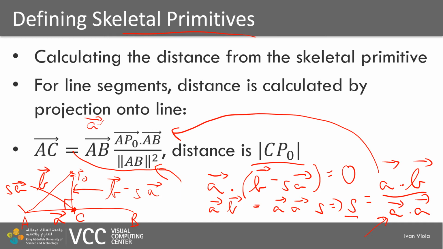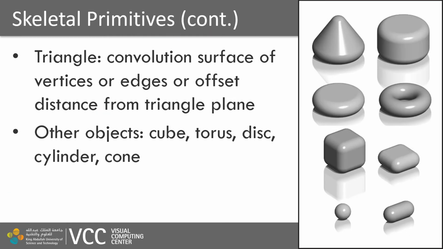And for other geometric elements, we can find the distance in a similar analytical way, oftentimes. Now, we have seen as skeletal primitives the point. Then we have seen a line, and keep in mind that we had this potential or this distance implicit representation through level sets, and the second was the convolutional surfaces.